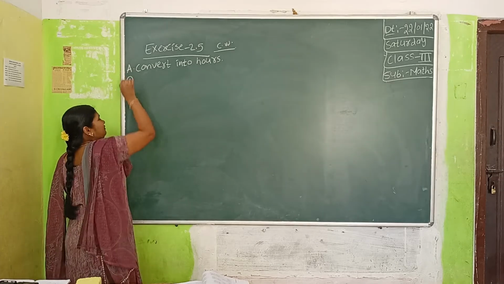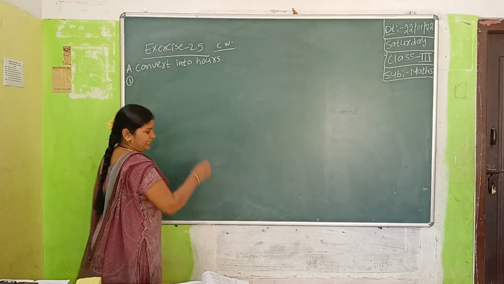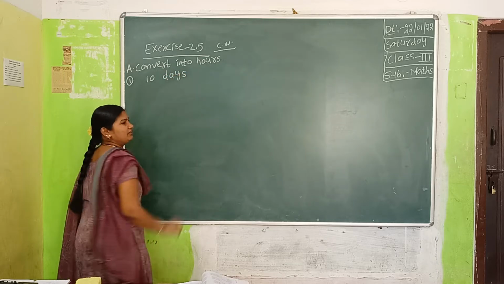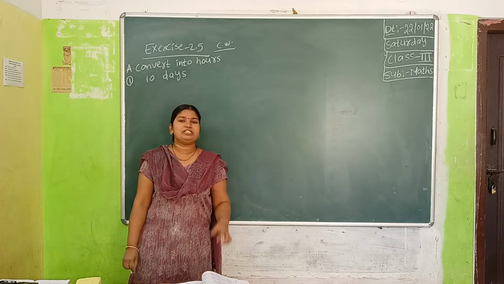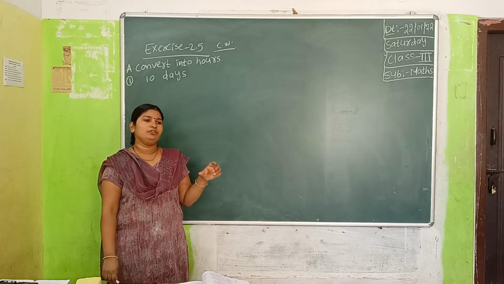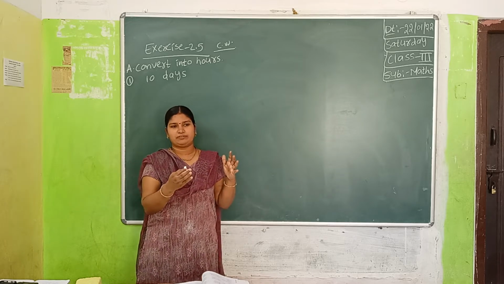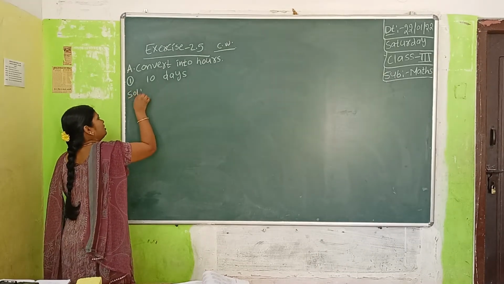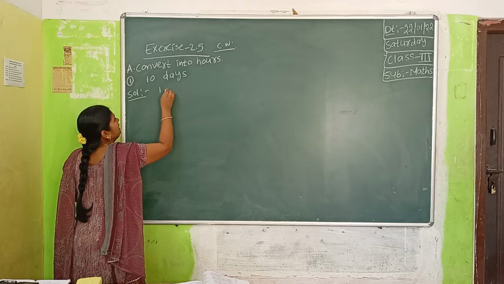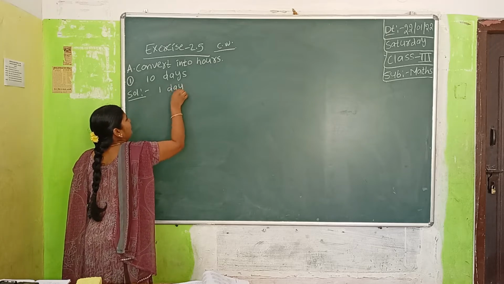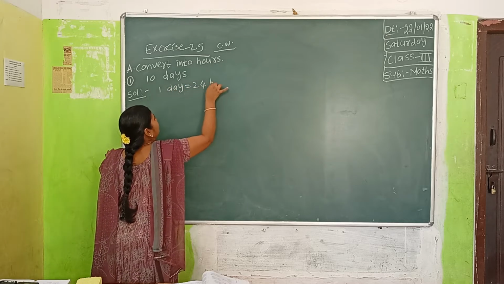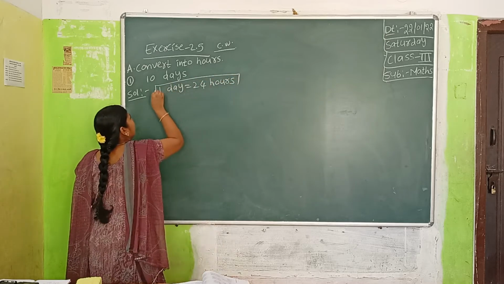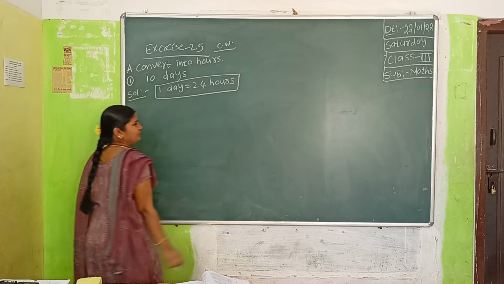The first question: 10 days. This 10 days you have to convert into hours. First you have to write down the formula for days and hours, already given yesterday. 1 day equal to how many hours, children? 24 hours.